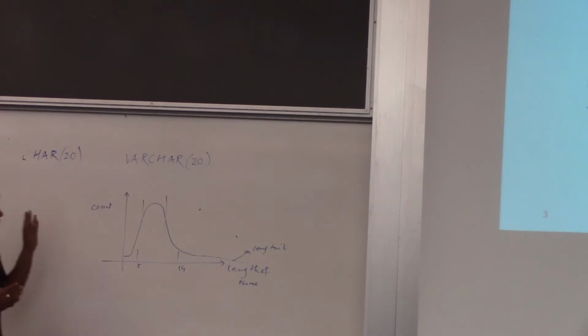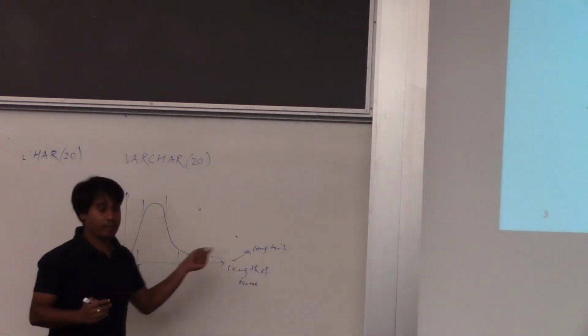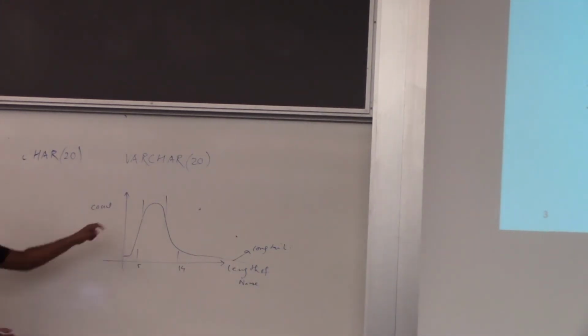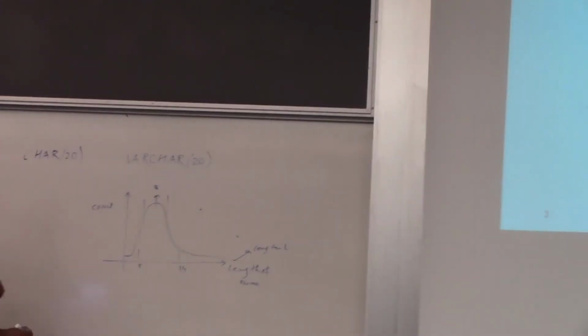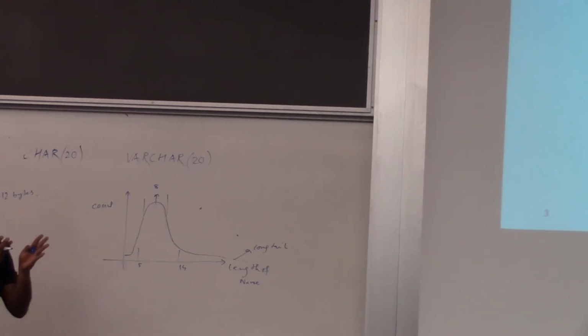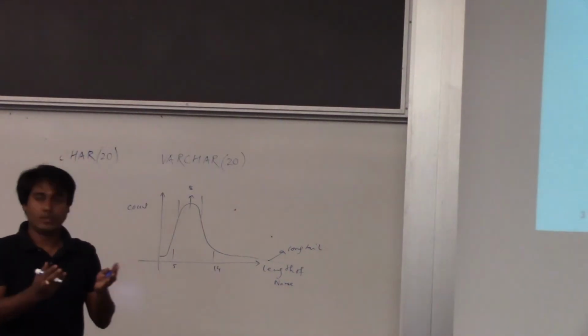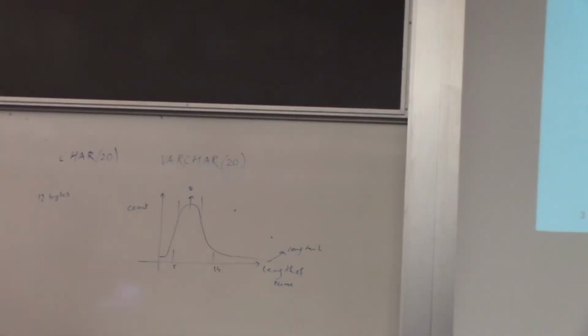But we won't be able to cover everyone. If the mean is say 8, we are wasting 12 bytes right there. So we are taking 8 bytes for the name, and the 12 bytes are wasted. We are wasting a lot of space.